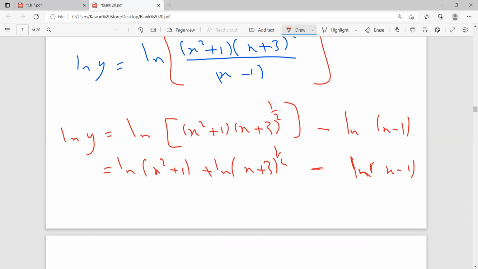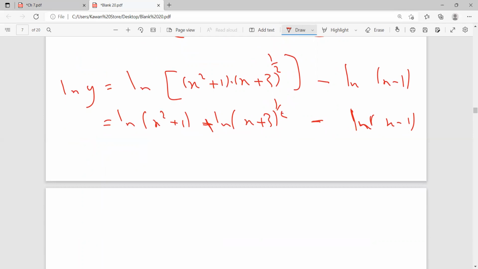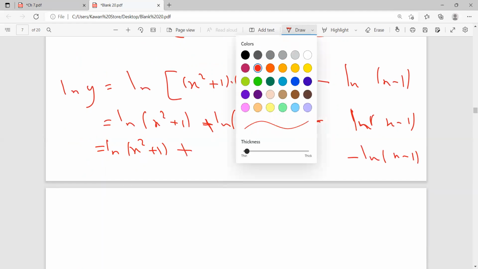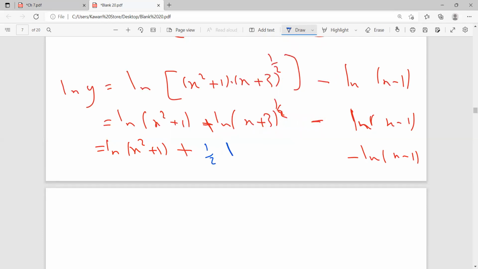Again, did you understand what I did? We have multiplication, so I'm going to make it ln with addition. Do you remember that? The first property. Also, I'm going to write this part. Am I right?